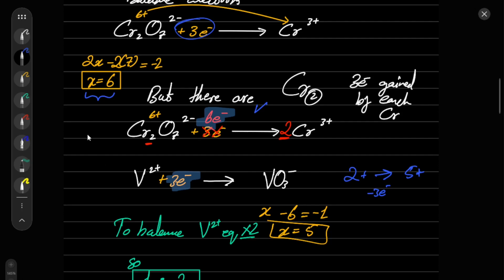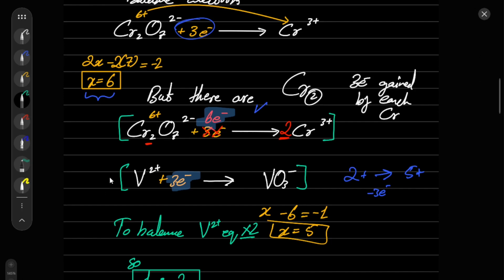So what you need to figure out yourself is what you should multiply these equations with, so that at the end of the day their electron count is equal to each other, right? So what should you do?